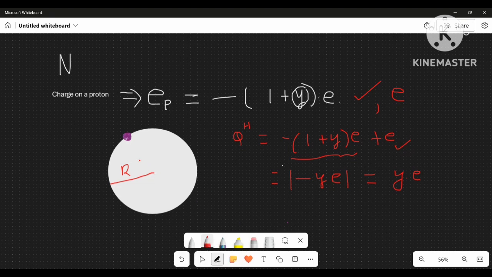Now the hydrogen atom is carrying a net charge, right? So which means that in the universe of Littleton and Bondi, matter carries net charge. So this hydrogen atom at the surface of this sphere will be having some net charge of yE. Similarly, all the other hydrogen atoms which are making up this universe will also have this fundamental unit of charge on them, because in Littleton and Bondi's universe, as stated in the problem, they carry some net charge.